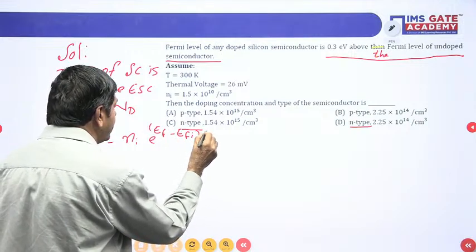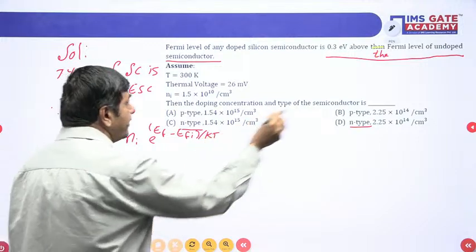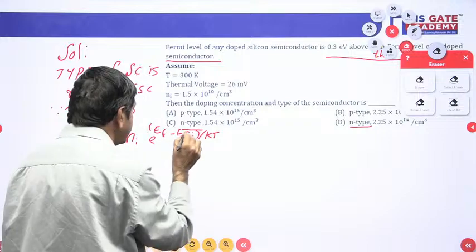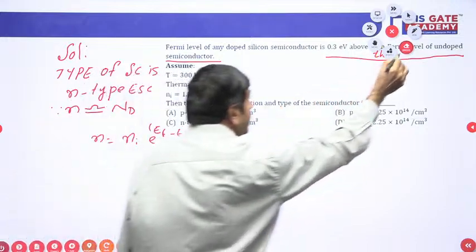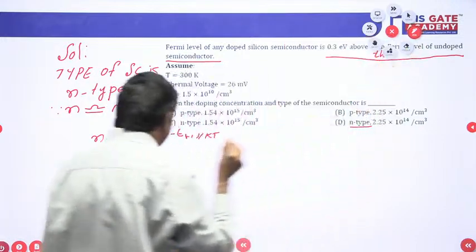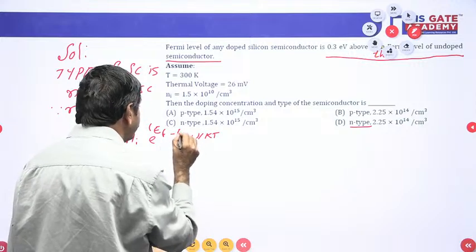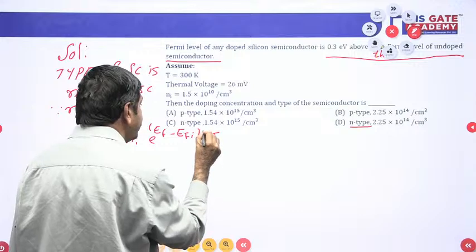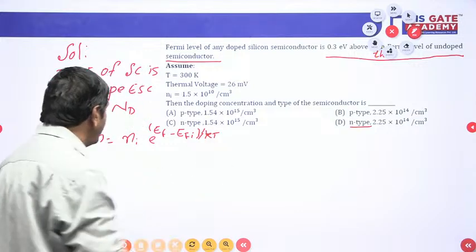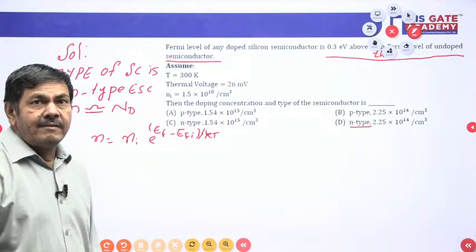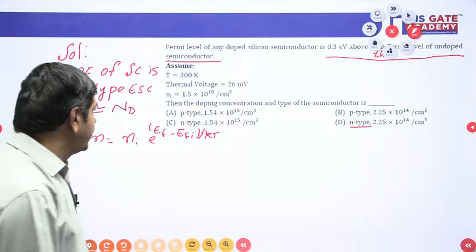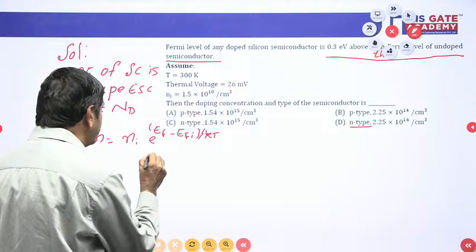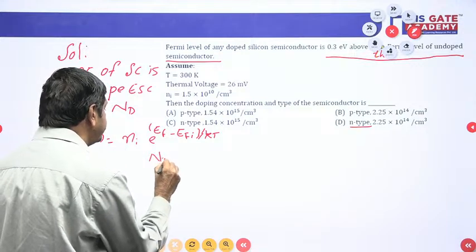This is the general formula that we are going to use generally. Where n is approximately equal to Nd, we know very well. So n equal to, I can write Nd.